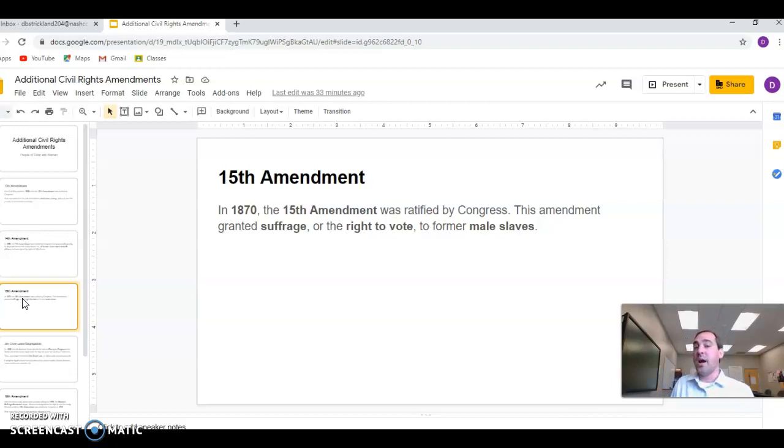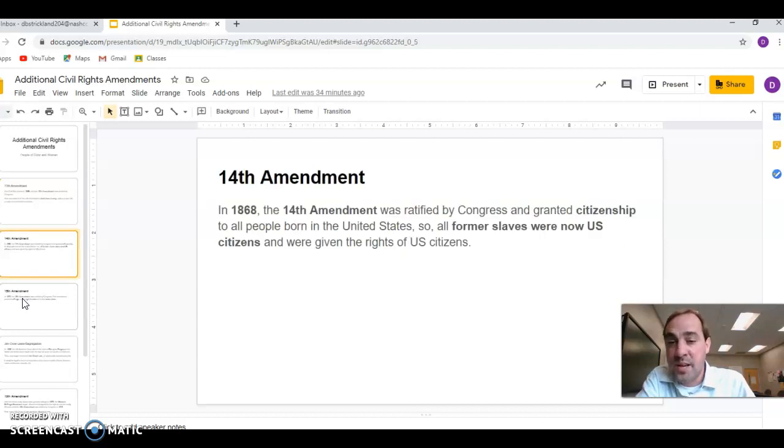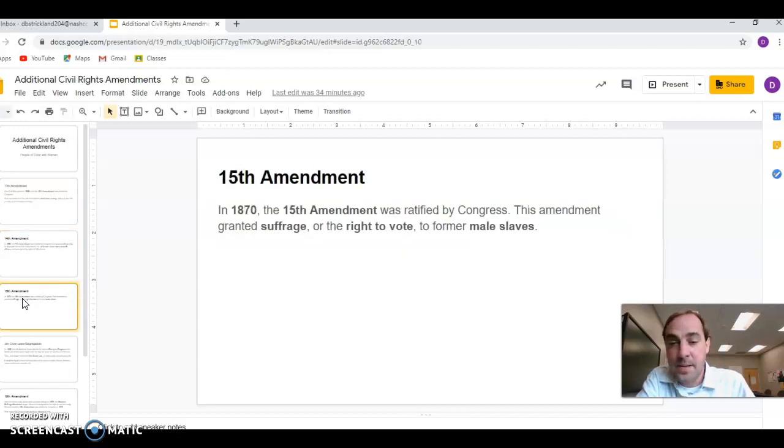Women still did not have the right to vote. So this is what I want you to keep in mind. Whenever you're taking a test or thinking about dates, you don't need to memorize dates. You need to know time periods. If you look at these three amendments, the 13th was 1865, the 14th was 1868, and the 15th was 1870.